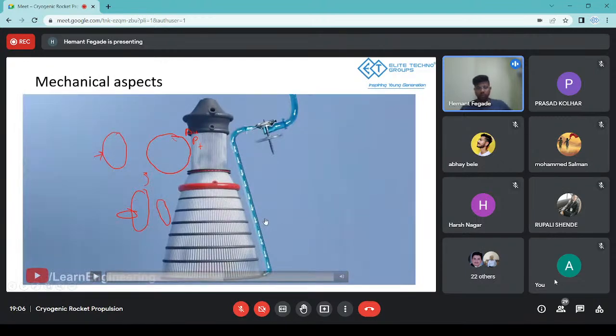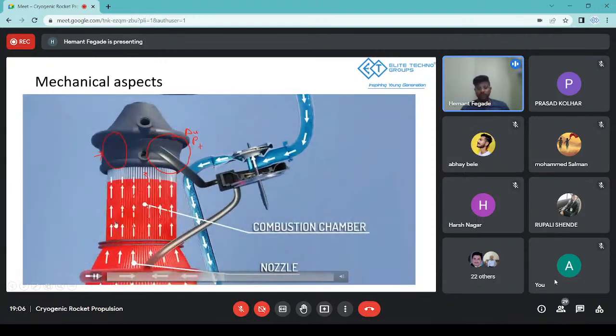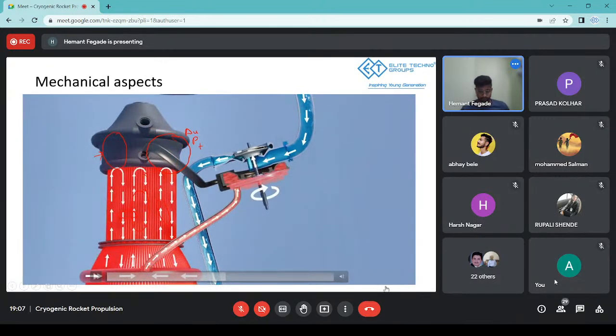As you can see, your liquid hydrogen is coming here. Your chamber temperature is increasing. Basically, you're trying to convert that liquid hydrogen by passing it over this arrangement, and then coming to this particular point.